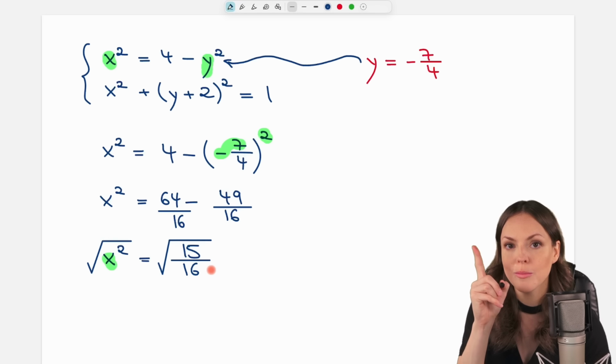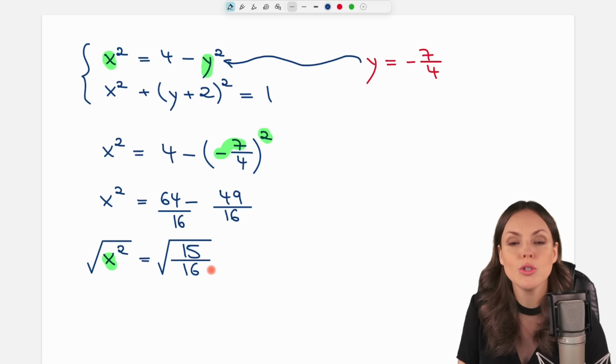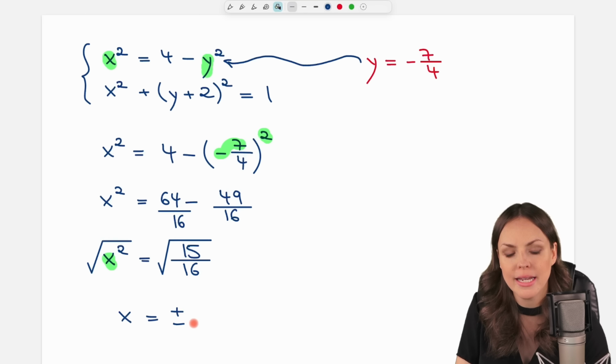We just have to keep in mind that we get two solutions then. For our x, we will get plus and minus of this side here, so plus minus the square root of 15/16.